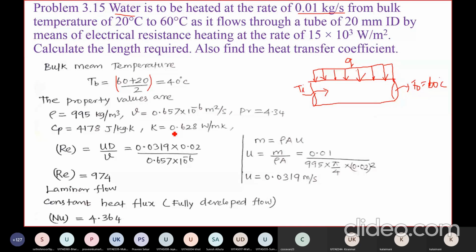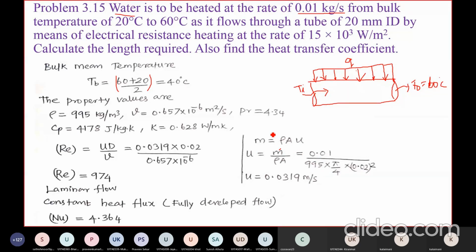From that I first find out the Reynolds number. Your Reynolds number is equal to U D divided by kinematic viscosity. The velocity of the flow is not given, but the mass flow rate is given. Therefore, from that we find the velocity. Mass flow rate m dot equals rho A u, where u is the average velocity of the flow. Then u equals mass flow rate divided by rho A, with mass flow rate 0.01 divided by the density of the fluid at 40 degrees Celsius, 995 kg per meter cube.